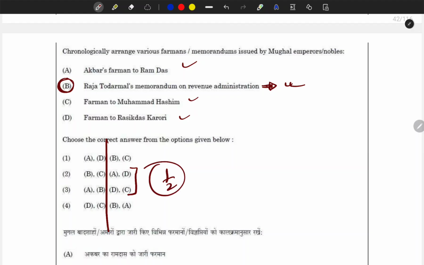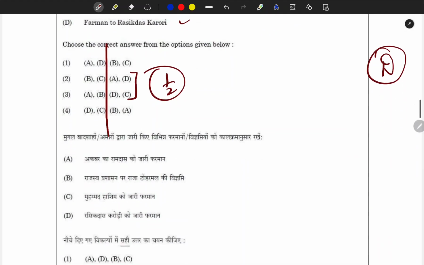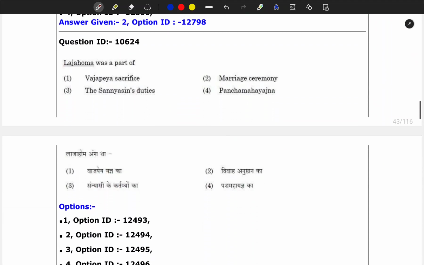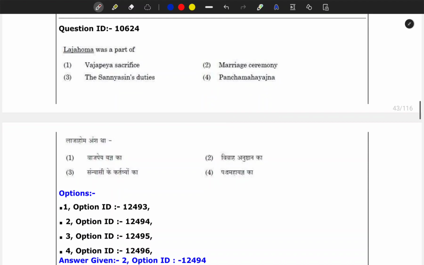This is how I solve questions in the exam, and this is how I was asking you to learn about the nature of the questions they are asking. This is a difficult question, pure fact. We cannot do anything with this question, but if you have an understanding of the time, you can always eliminate one or two options.